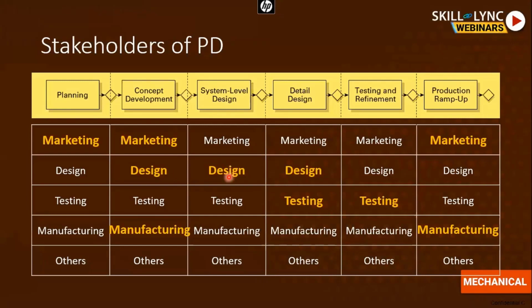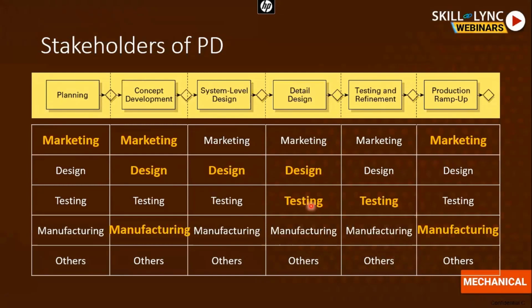And then the baton is handed over to the design team completely during the system level design. So they make some detailed system level design plan, and after they get the go ahead, they make the integration of their system. And here comes testing as an additional role.